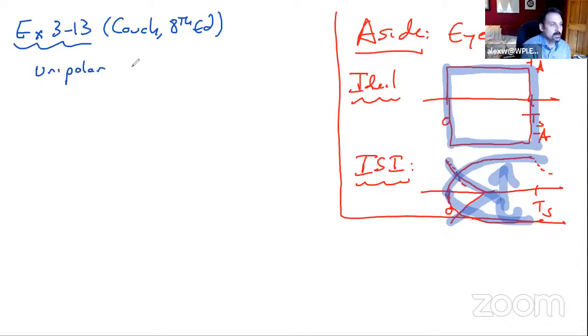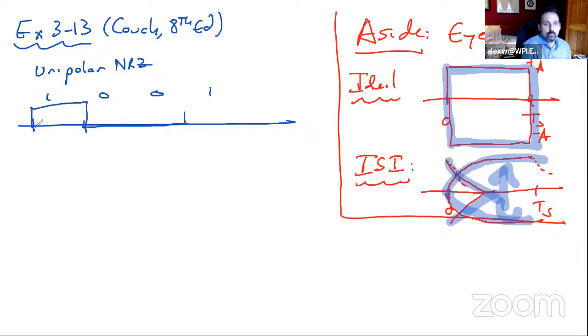We know how that looks. Non-return to 0. So if I have 1, 0, 0, 1, it's going to look like this: 1, 0, 0, 1, right? 0, TS, 2TS, 3TS, 4TS. Okay, great. Awesome.